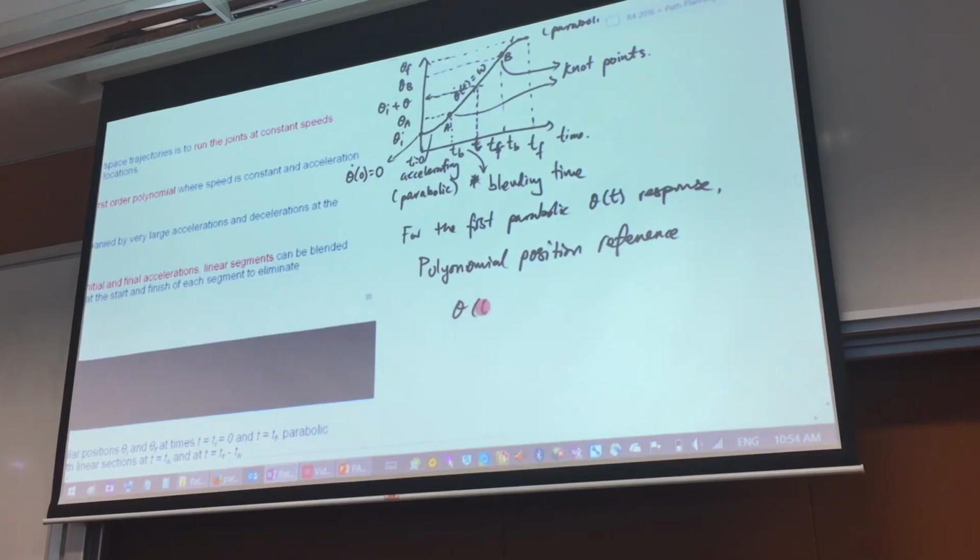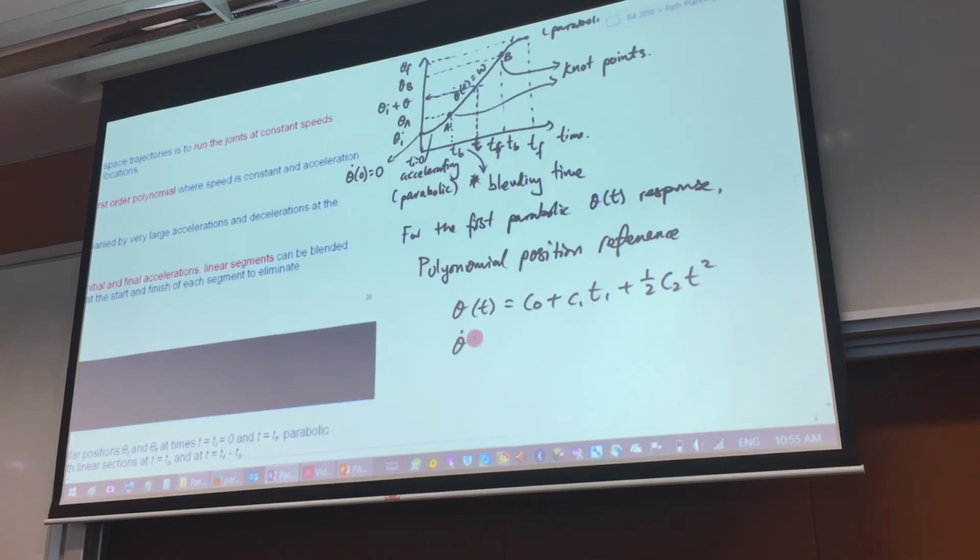Theta t equal to C0 plus C1 t plus half C2 t squared. And that's about it. Second order polynomial. If you're wondering why Dr. Tan didn't talk about anything about boundary conditions? No. That's because of something else.